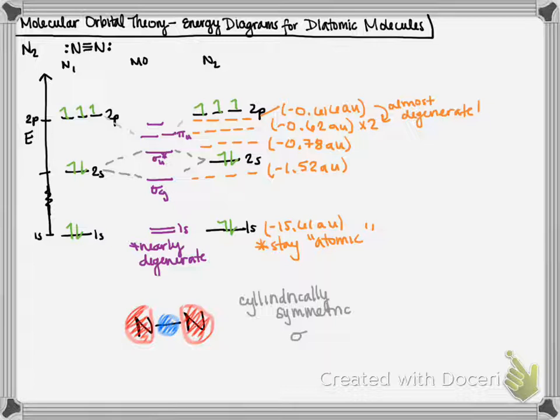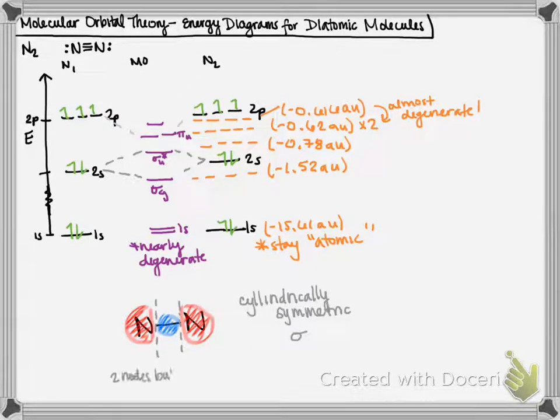And so we think about rolling this out like a rolling pin. The middle part will stay blue all the way around, and both of the ends will stay red all the way around. And so this is cylindrically symmetric. Another way to look at that is there's no planar node that encompasses the bonding axis. And so this is cylindrically symmetric, so it's a sigma-type bond, right? Sigma, or single bond.